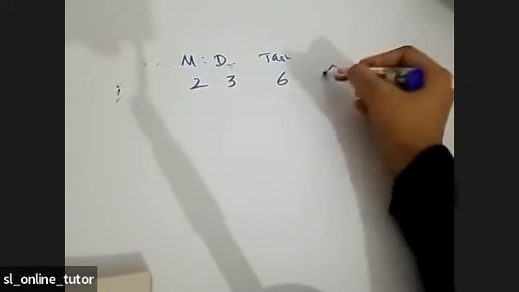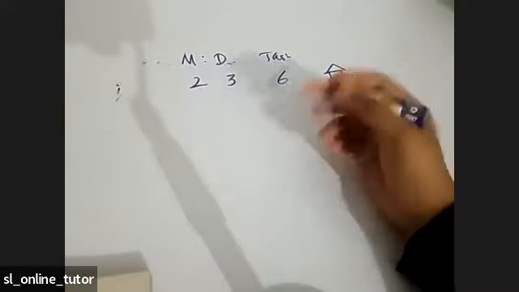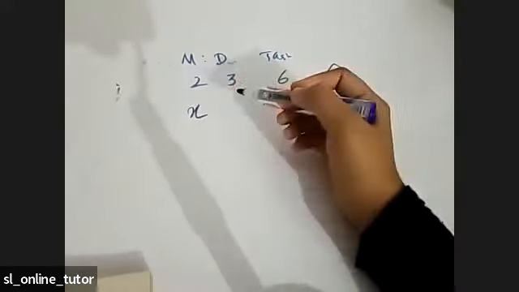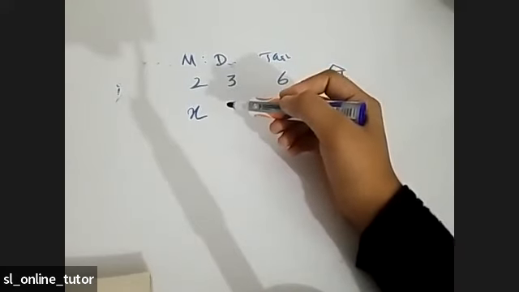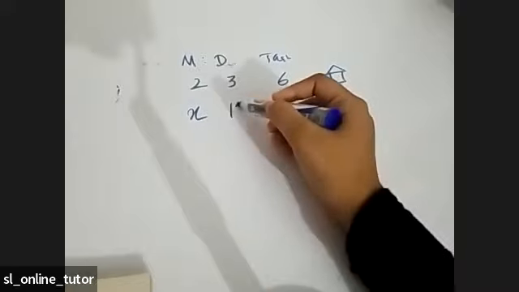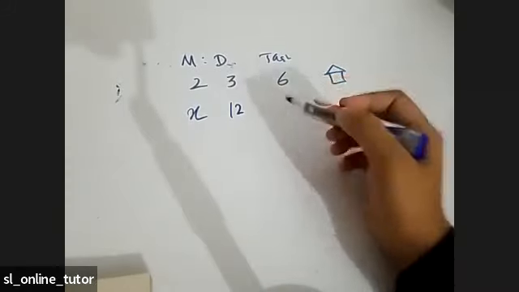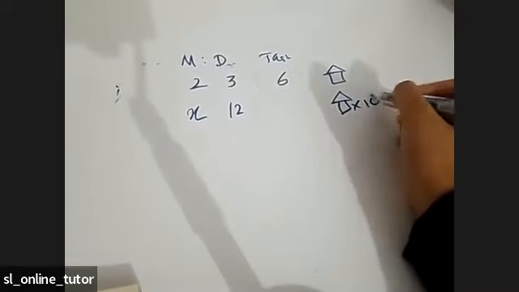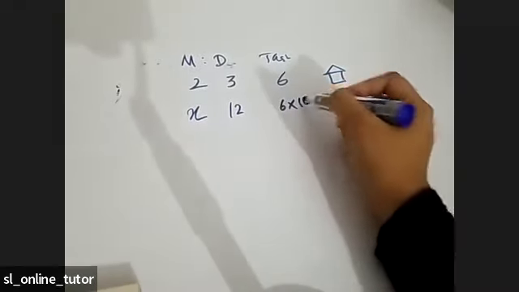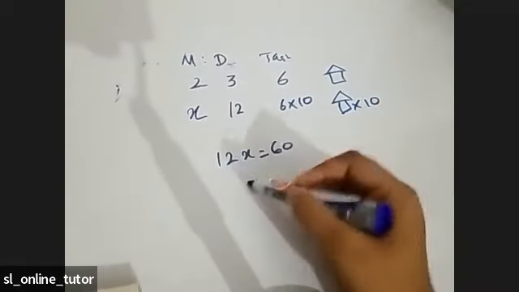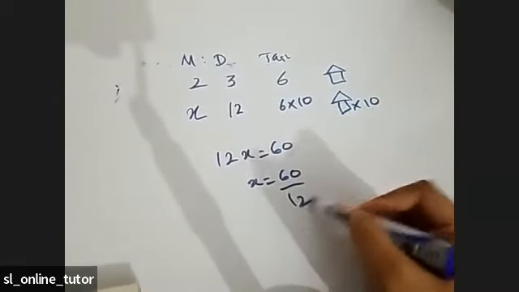Now, how many men are required to complete the task of painting 10 such houses in 12 days? Such means this is 1. For 10 of this, it means 6 into 10. Now you can write 12x equals 60, x equals 60 divided by 12, which is 5.